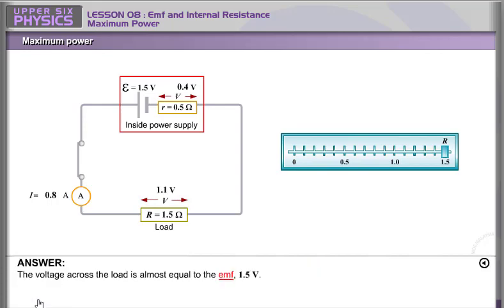What happens when the voltage across the load is almost equal to the EMF?